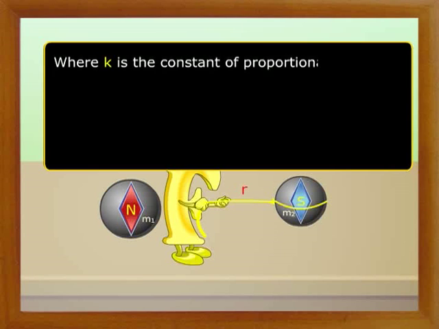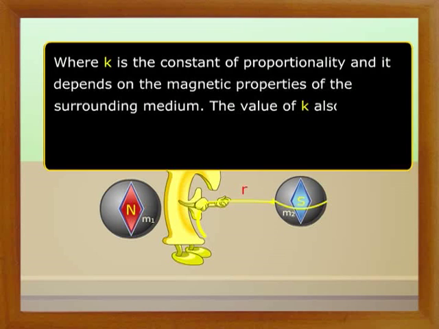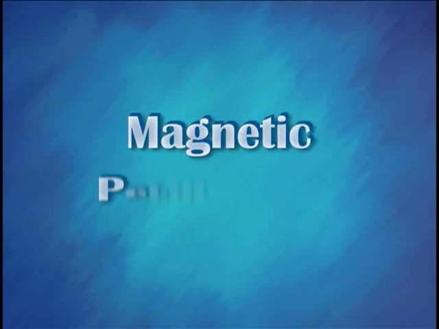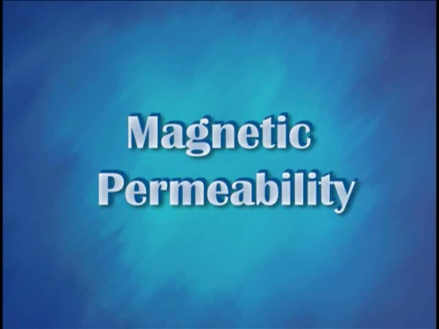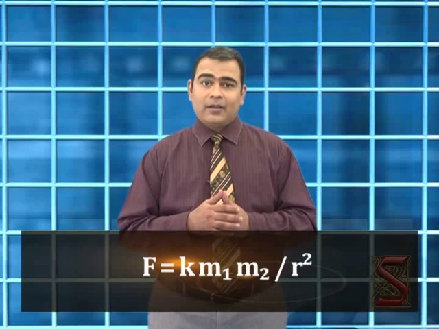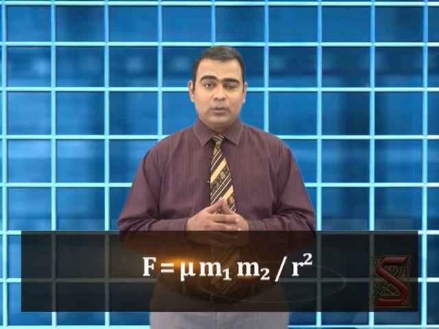constant of proportionality and it depends on the magnetic properties of the surrounding medium. The value of k also depends upon the system of units used for pole strength m. The magnetic property of the medium is represented by k in this equation and is called magnetic permeability and is denoted by mu.